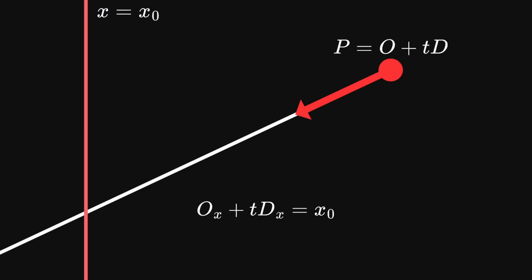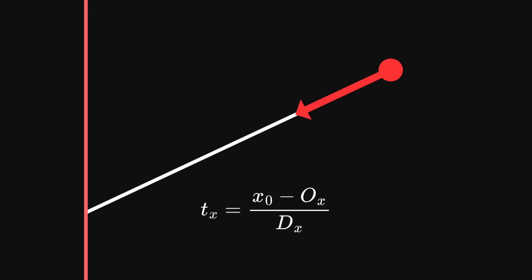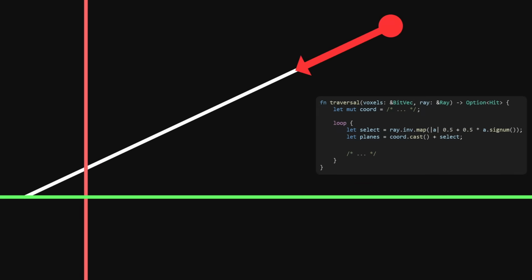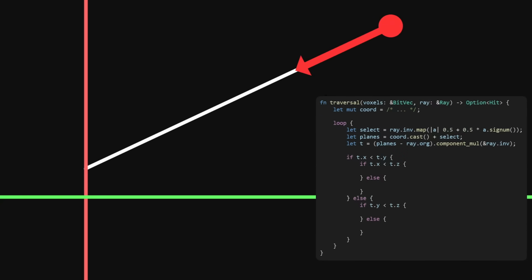This is just a linear equation, and by solving it, we get this. And I'll call it tx because it's the t value to hit the x-plane. Of course, we could just as well have done this for the y-axis or the z-axis, and the derivation would have been the same. Now that we have the three t values, we just have to compare them to see which one occurs first.